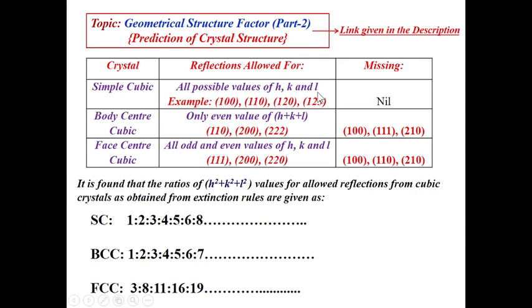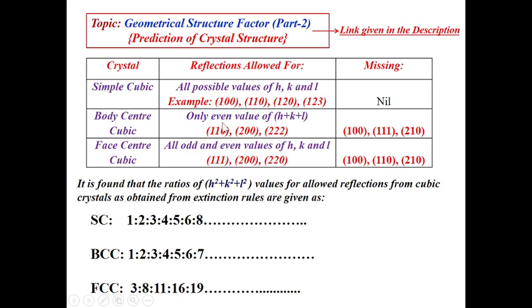Suppose one crystallite sample we have considered, and inside that is a simple cubic, so these planes are possible. That means the diffraction will be possible from these planes if we consider simple cubic.